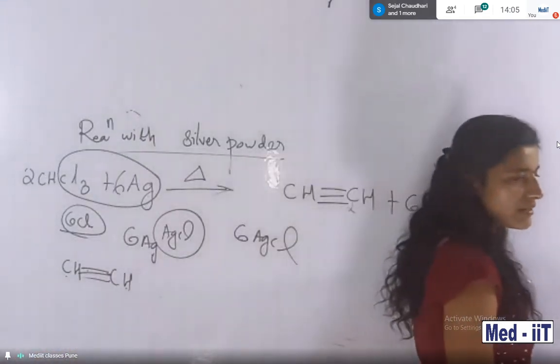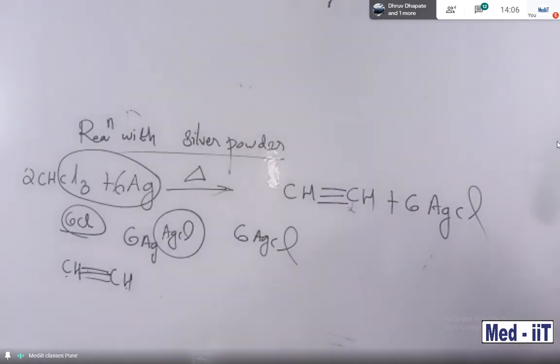Now understood, students? You can note down, during your exam time: in the presence of silver, if halogen is there, an equivalent number of halogens will definitely form a bond and give AgCl, silver chloride.